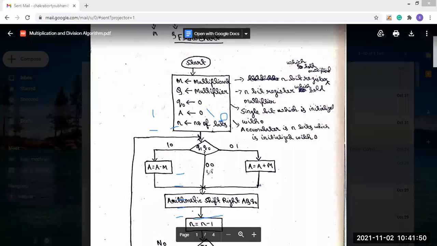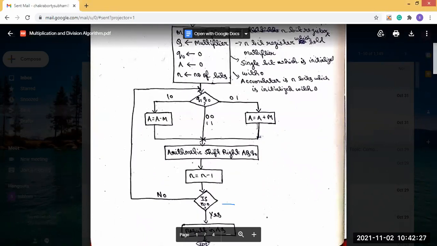And if it is 0 0 or 1 1, both the same, in that case we perform the arithmetic shift operation. Arithmetic shift has two types, right shift and left shift. Here we perform the right shift operation. After this, the n value is decreased, and we check if n is equal to 0.